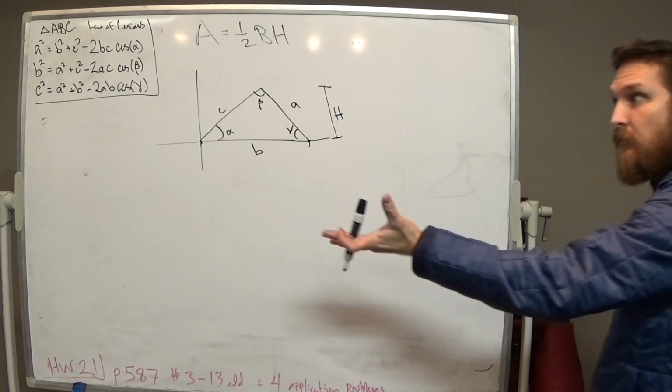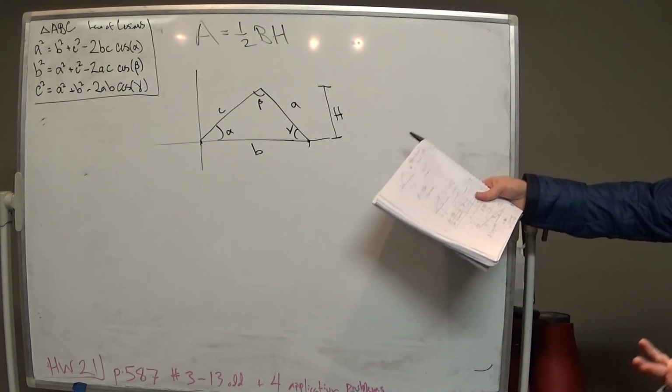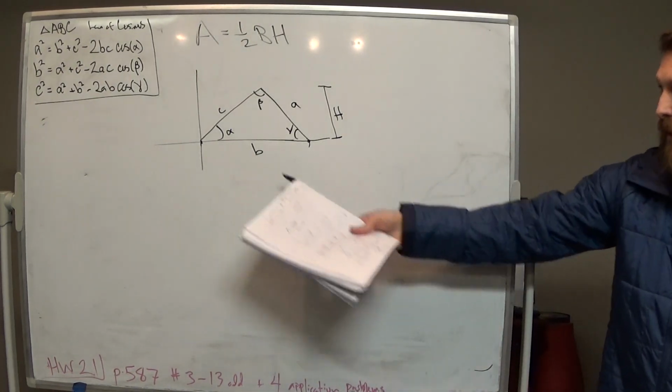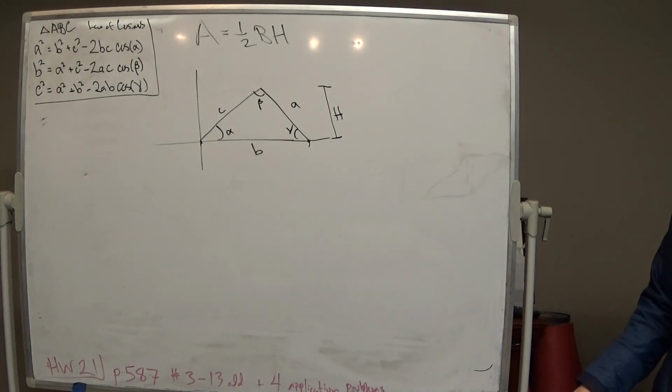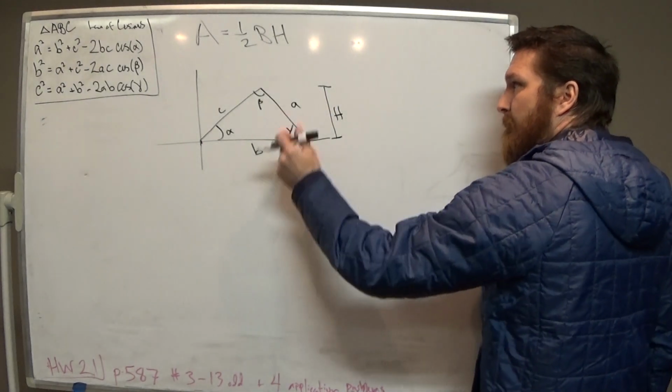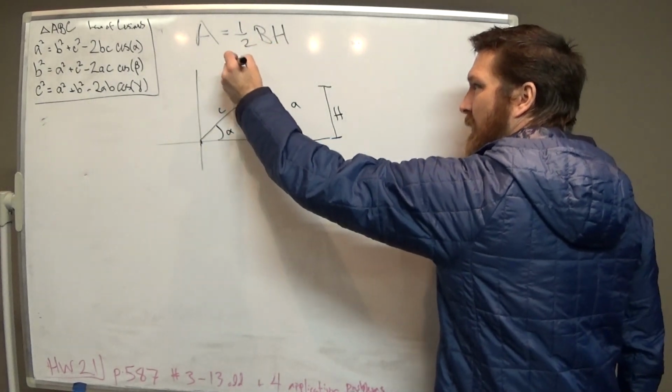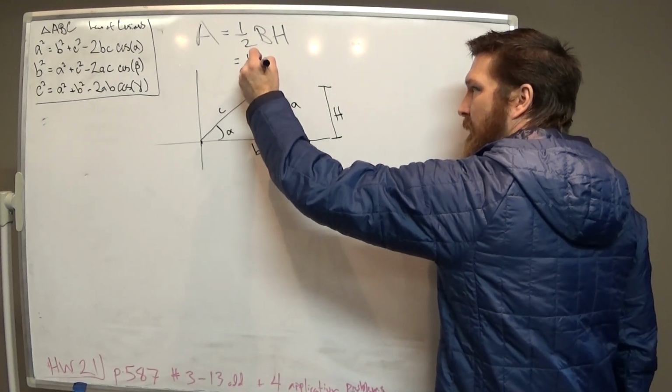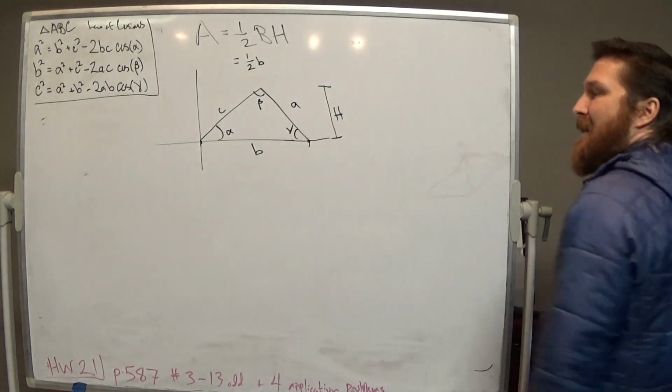If you were given this right here, and somebody said that's 10 and that's 12, you would go 1/2 times 10 times 12, right? So in this case, the big B is actually the little b. Now we just need H.